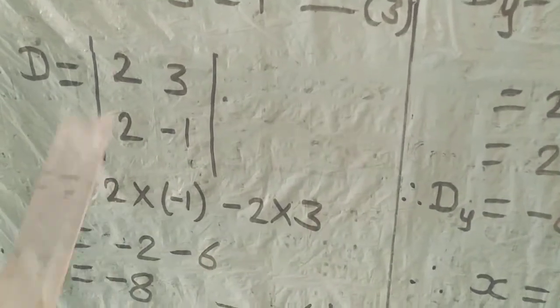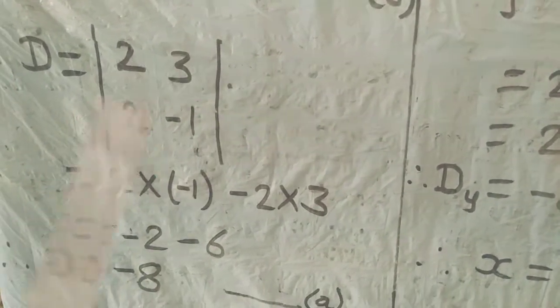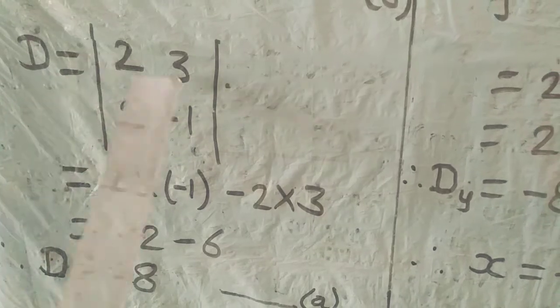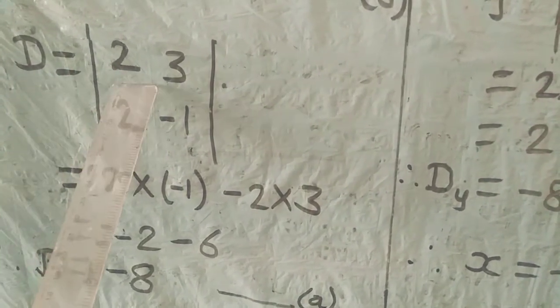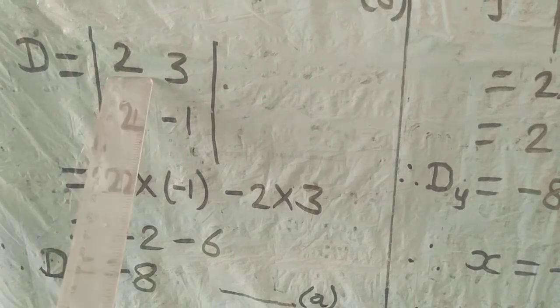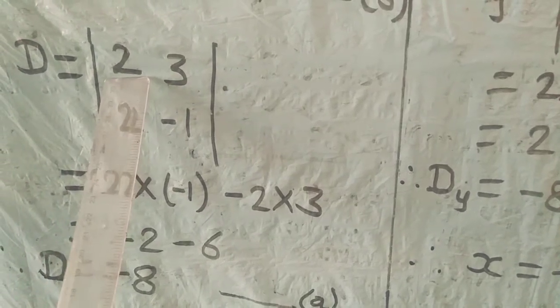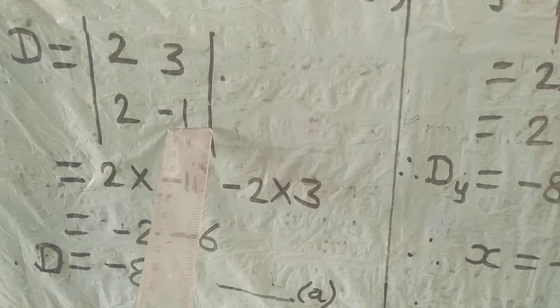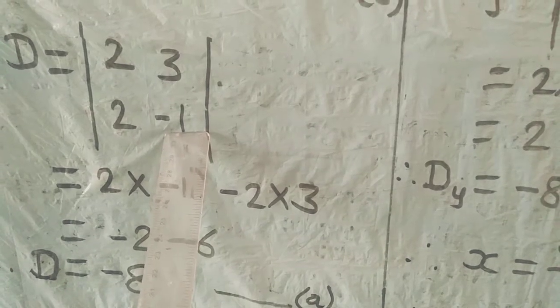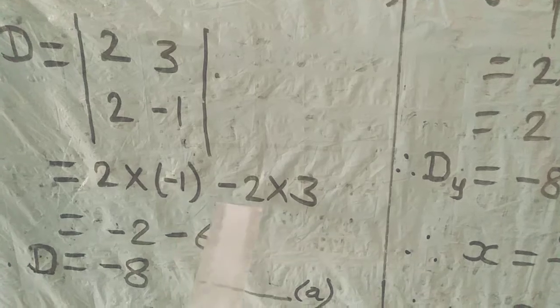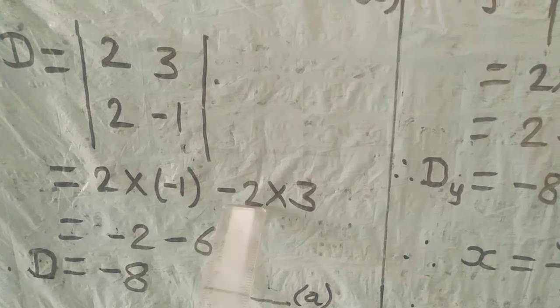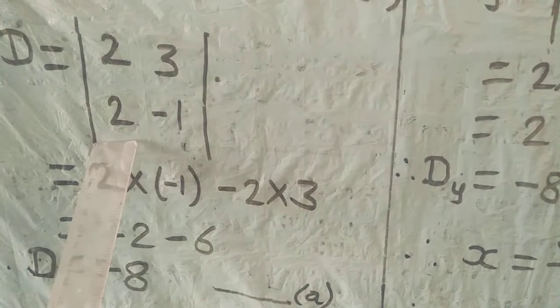Now use your procedure to find the determinant. To find the determinant, first row first element gets multiplied with second row second element, 2 multiplied with minus 1, cross multiplication, then negative sign, again 3 multiplied with 2.